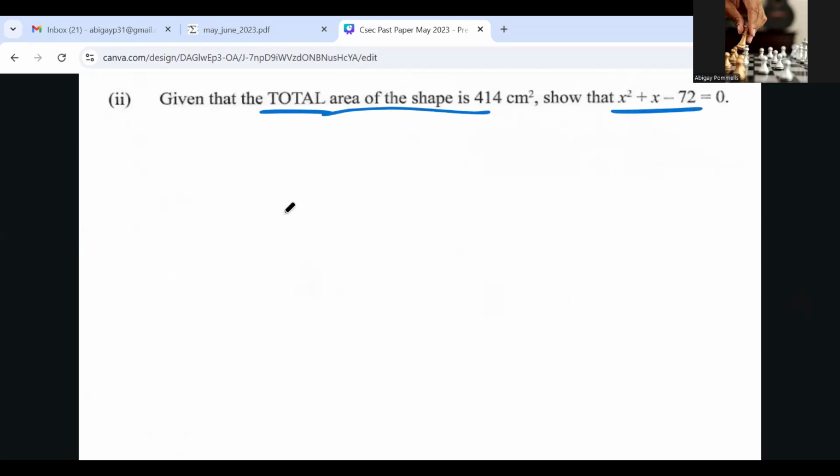So let's just write that. So that is area 2: 3x minus 6 and x plus 3.